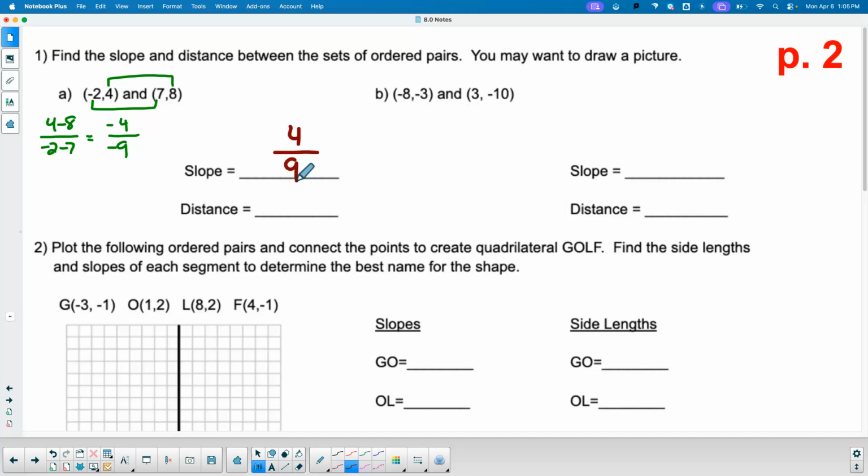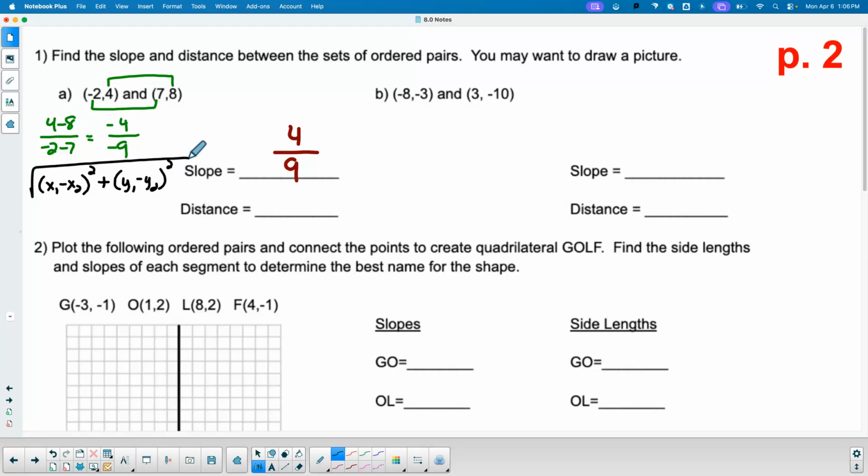Now, distance. If we think about the way we were calculating the distances, we were making a right triangle and doing the Pythagorean theorem out of it. Well, the distance formula would also be if we subtract the x's and square it, subtract the y's and square it, and then square root.